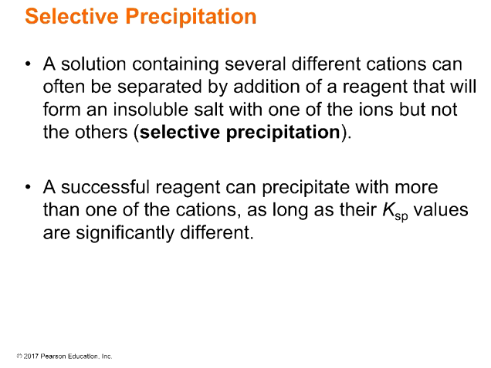So a solution containing several different cations can often be separated by addition of a reagent that will form an insoluble salt with one of the ions, but not the others. Now, a successful reagent can precipitate with more than one of the cations as long as their Ksp values are significantly different.